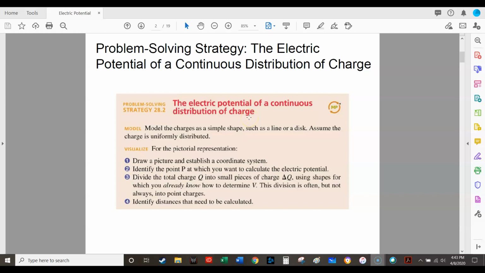So here's our strategy. What we're going to do is identify a point P away from the distribution of charges. We're going to try to draw the distribution of charges. And then we're going to take a small chunk of those charges and call that delta Q. Then we're going to identify the dimensions of that delta Q. If it's a line of charge, it'll just be varying along a line.